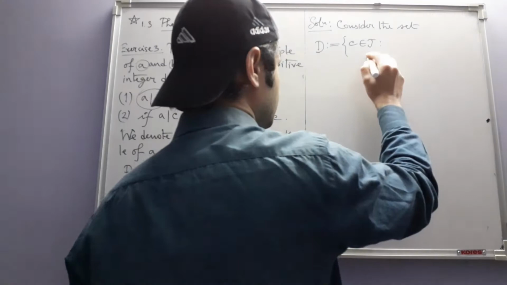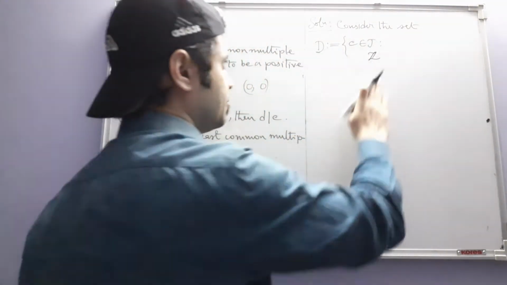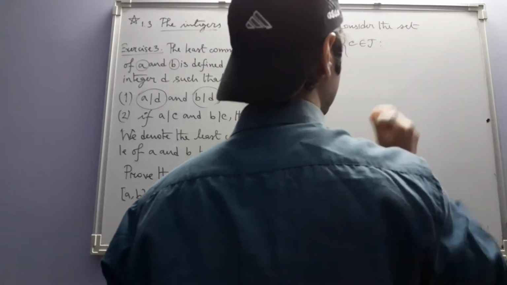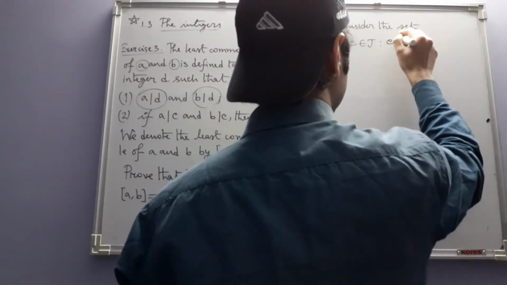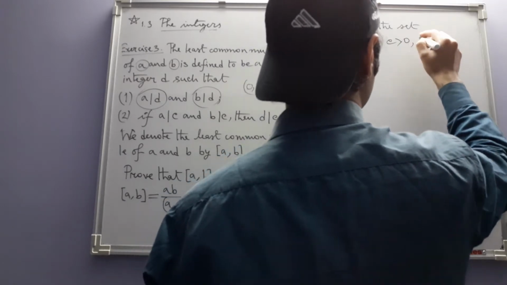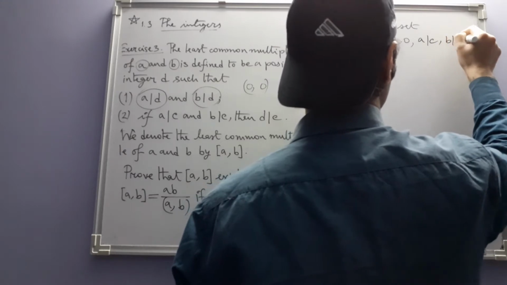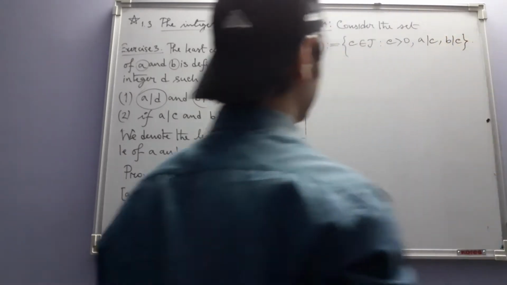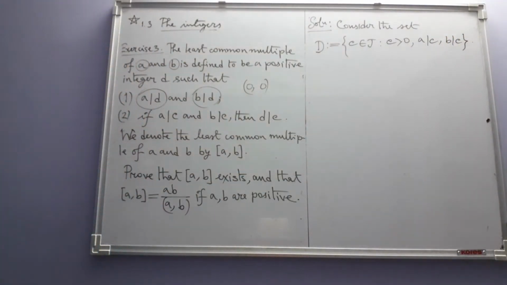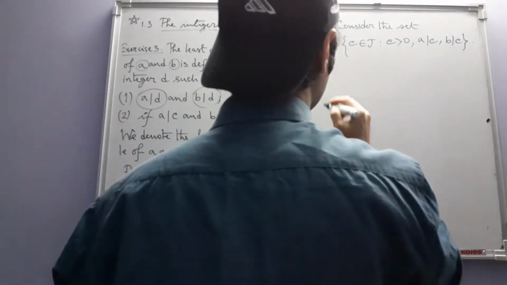The other notation is this blackboard bold Z. So D is the set of all integers that are positive and that are divisible by both A and B. So in other words, D is the set of all positive common multiples of A and B.